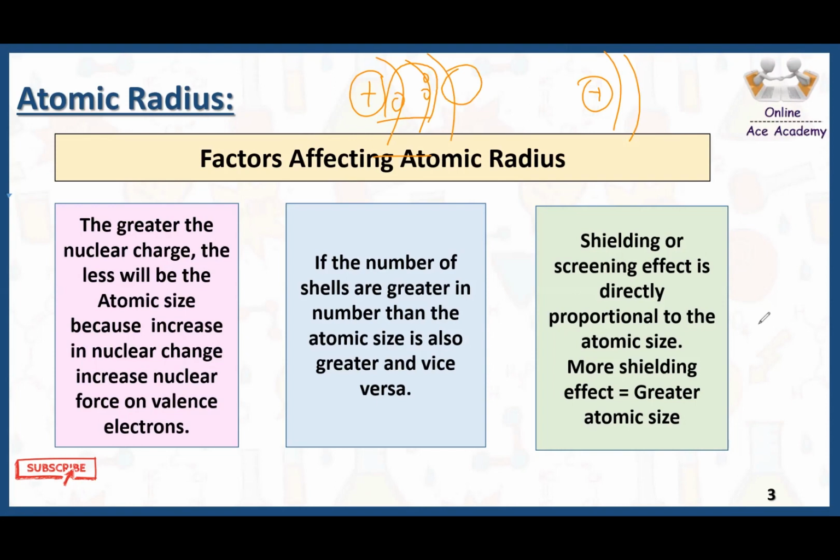Now the attraction of this nucleus towards the outer shell becomes less as compared to this atom. In this atom, we only have one shell. It has fewer electrons, which means less shielding effect. So more shielding effect means greater atomic radius, and less shielding effect means a smaller atomic radius. So this is how the shielding effect affects the atomic radius.